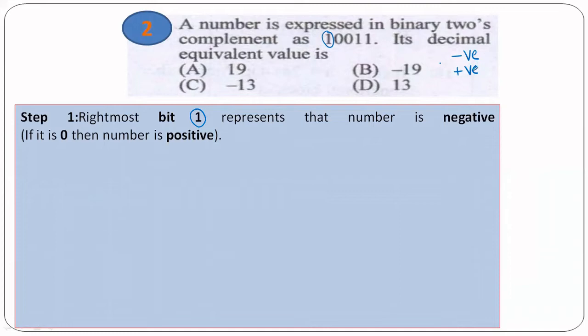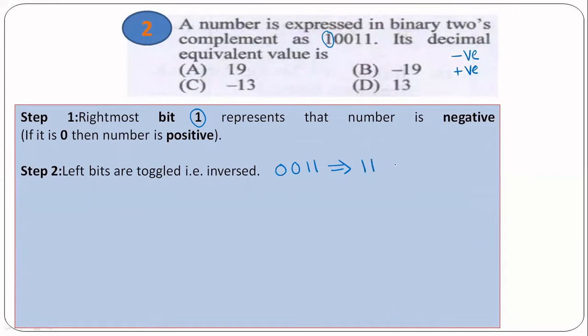Let us look into the solution further. The remaining bits are toggled. The bits available are 0, 0, 1, 1. We toggle them so that it becomes 1, 1, 0, 0.